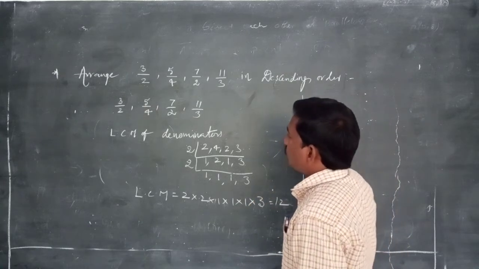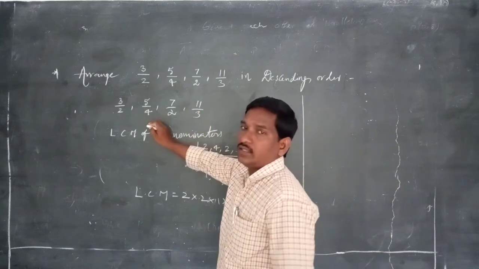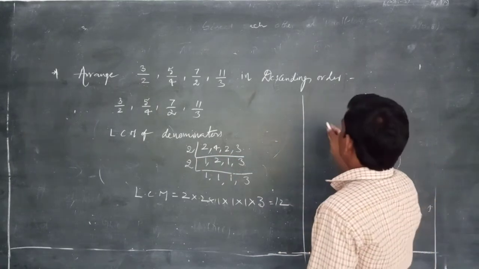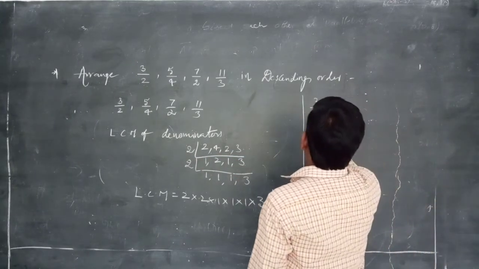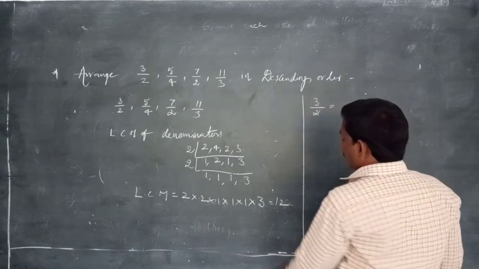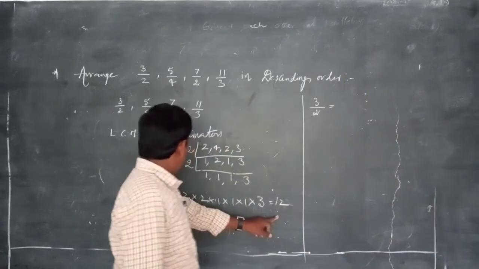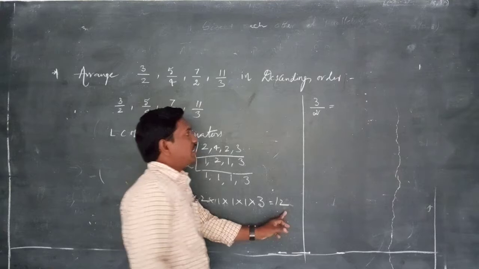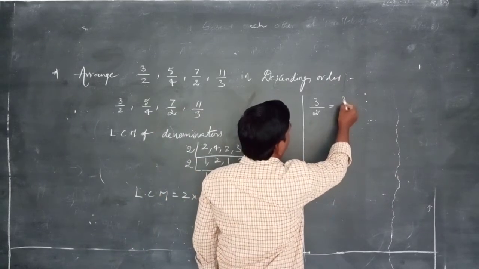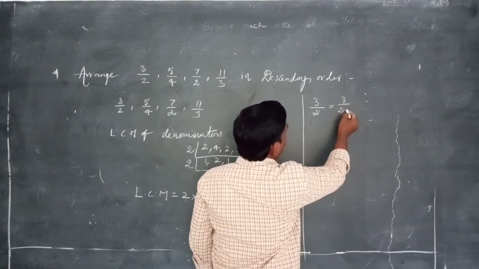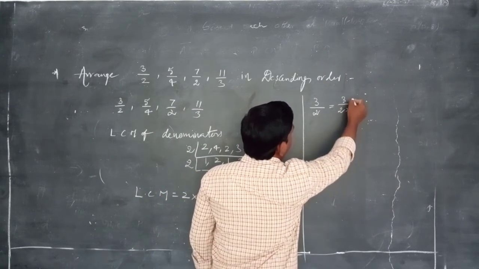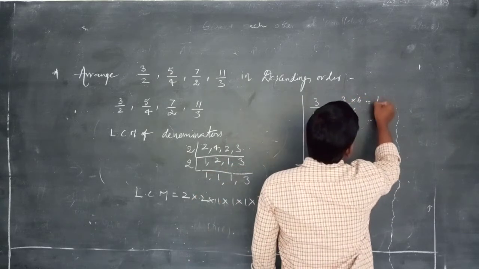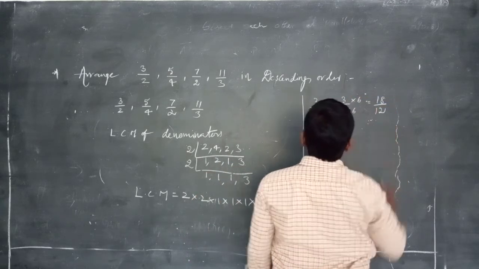Now we have to make all the fractions like fractions. So 3 by 2. The LCM is 12, so if 2 becomes 12, the 2 should be multiplied by 6 as well as the numerator. 3 6s are 18 by 12.